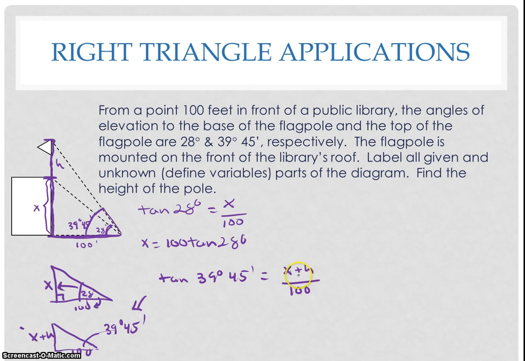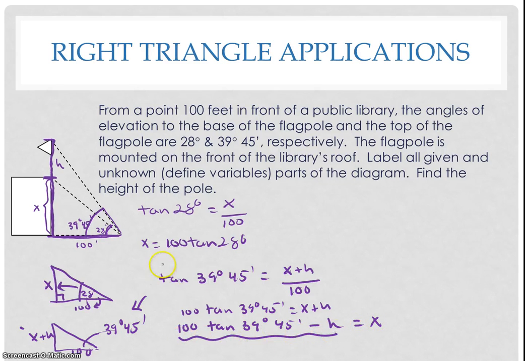So I can solve for x in this equation as well. I can multiply both sides by 100, and I have 100 tangent 39 degrees, 45 minutes, is x plus h. And I can subtract h to the other side, and I have 100 tangent 39 degrees, 45 minutes, minus h equals x.